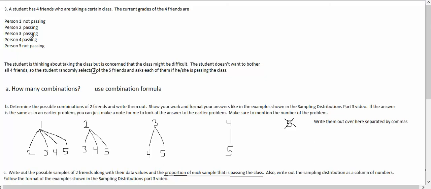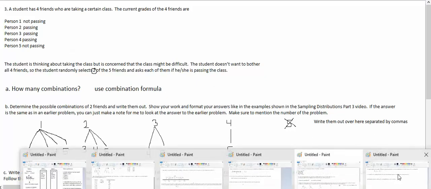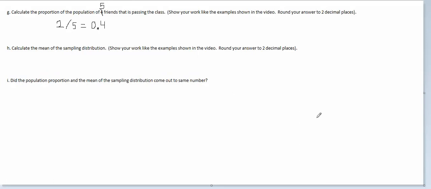So it's 3 divided by 5, which is 60% passing. So let's go back to that part of the problem. I'm actually wrong. I'm sorry. It's actually 3 out of 5 people are passing, which means that the proportion of the population that's passing is actually 0.6, which is 60%.